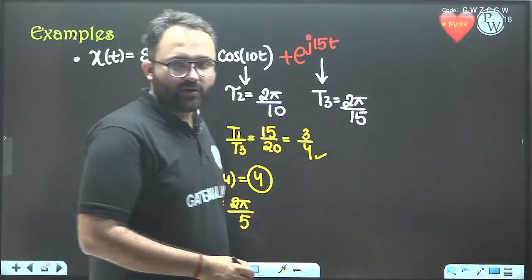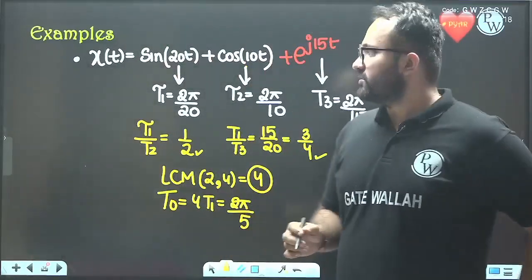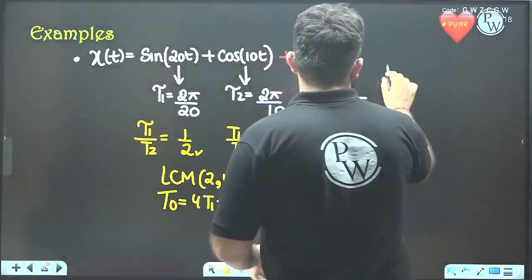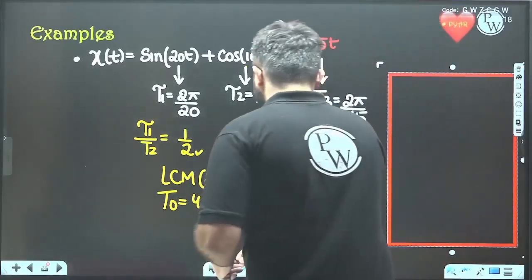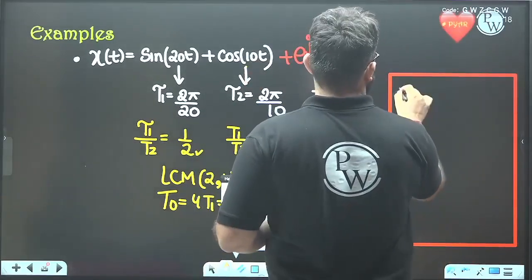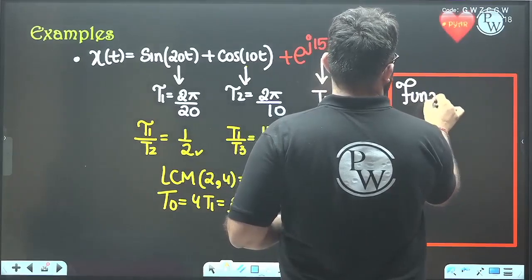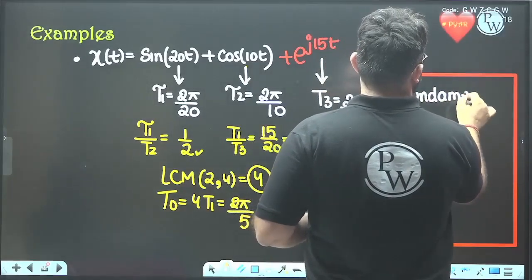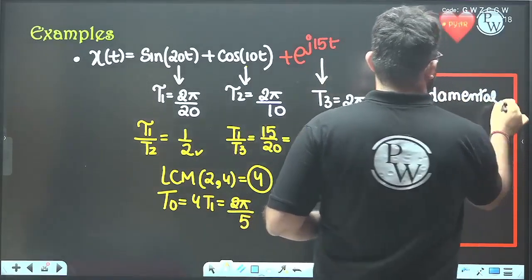Okay, I hope all of you are able to do it. Great. One more thing which is very important and many times it is asked: the fundamental frequency of the signal.